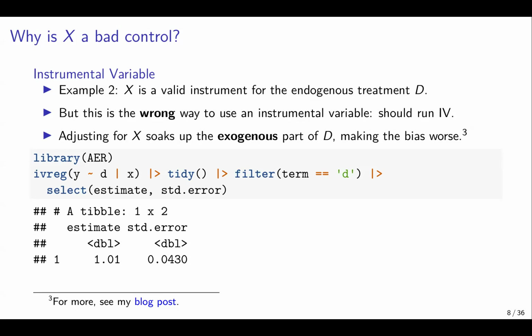So AER still exists, but I would actually recommend using the ivreg package to access the same command, so you make sure you have the most up-to-date version. But it's not going to matter for this example, and as we can see, if we were to actually run IV, so run an IV regression of y on D, using x as the instrument, everything would work out right. We would actually get precisely the right answer in this case of 1.